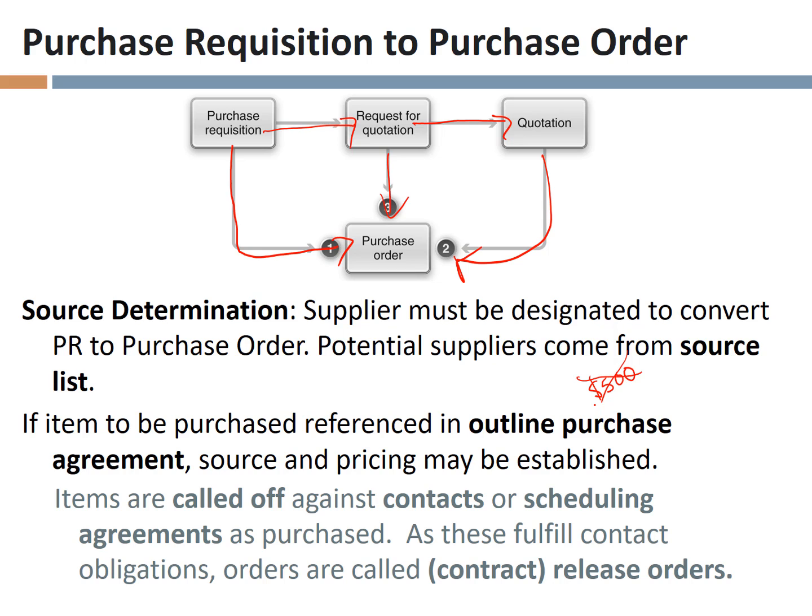And so every year we might have to buy at least $1 million or $500,000 or whatever have you. When we find ourselves in that situation, the terminology here is that a particular purchase is called off a given contract or called off a given scheduling agreement.